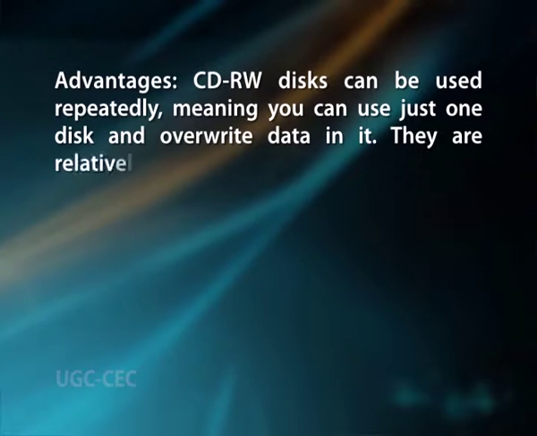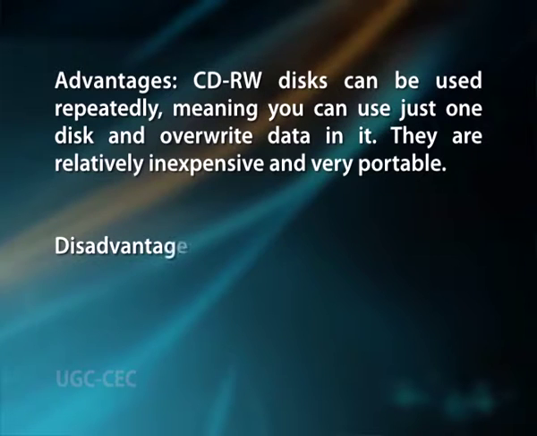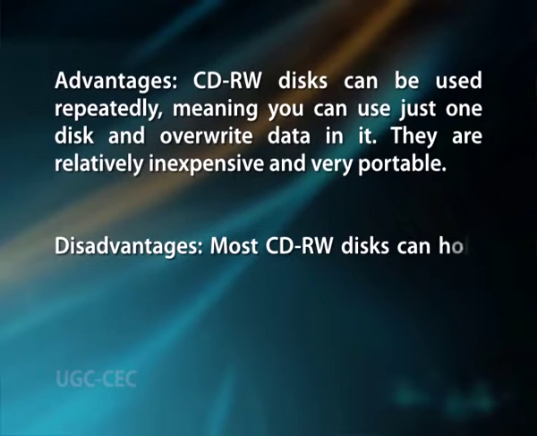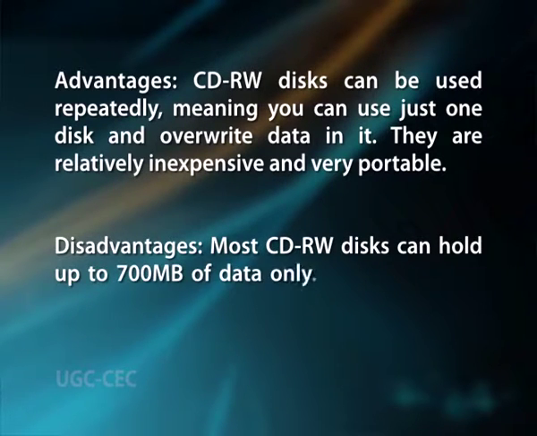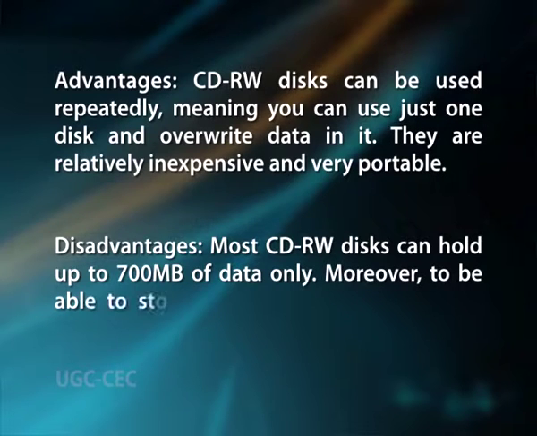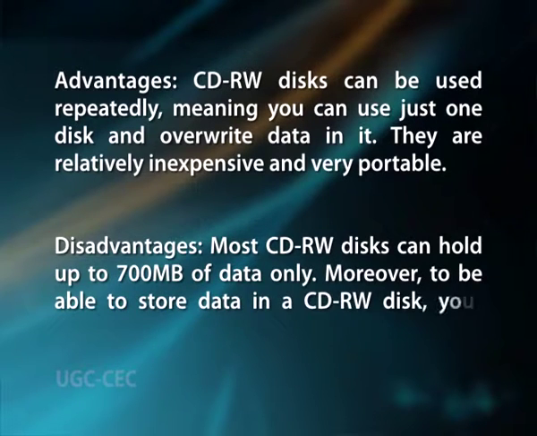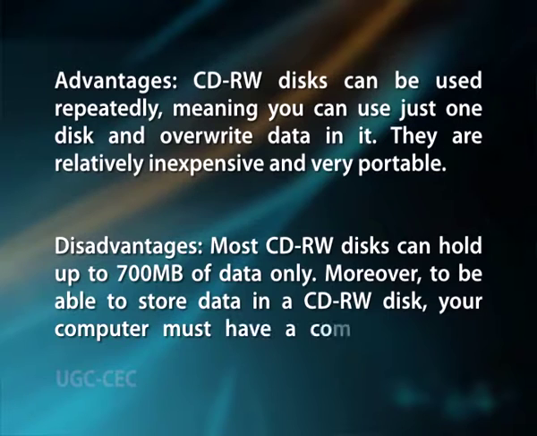They are relatively inexpensive and very portable. Disadvantages: most CD-RW disks can hold up to 700 MB of data only. Moreover, to be able to store data in a CD-RW disk, your computer must have a compatible drive first.